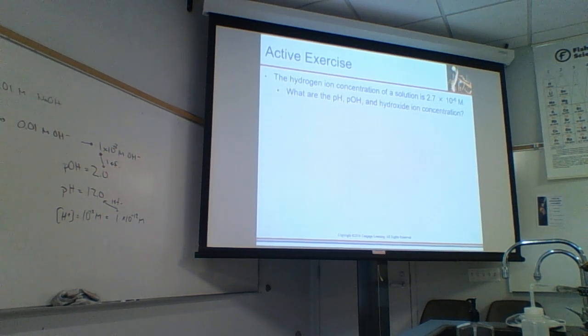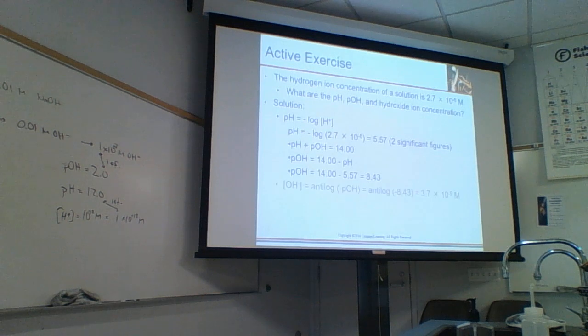And then this one should be okay, because I calculated it a different way. Yeah, it is. 3.7 times 10 to the minus 9. And so you're right. 5.57, 2 sig figs. 8.43, 2 sig figs. 3.7 times 10 to the minus 9, 2 sig figs.